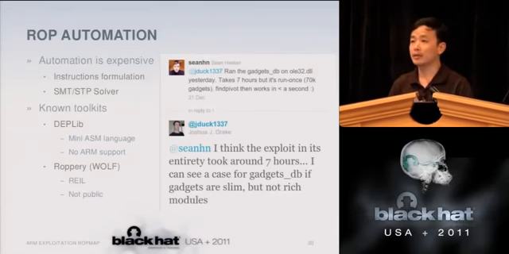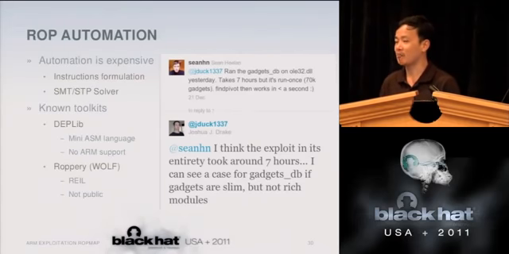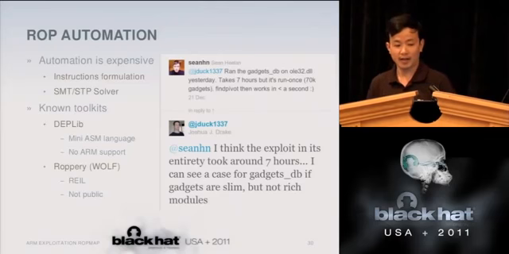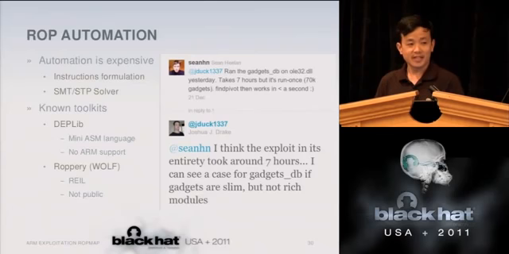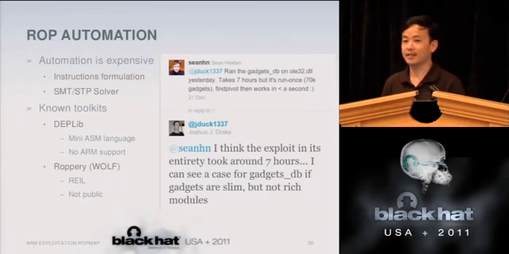In these toolkits, what they do is formulate every instruction into an expression and then evaluate it with an SMT or STP solver. That will be very complicated, and frankly, I don't have any experience with solvers. So to do ROP automation, if you remember the third slide, with simple gadgets, we can do automation with just simple gadgets and no solver.